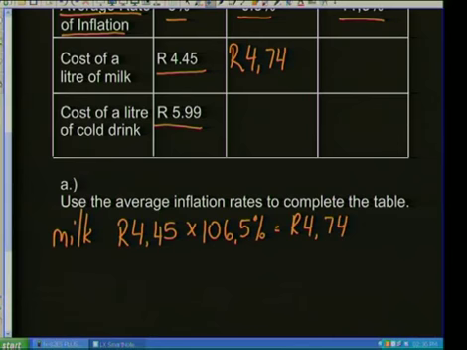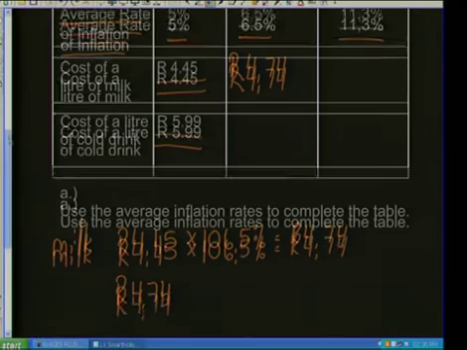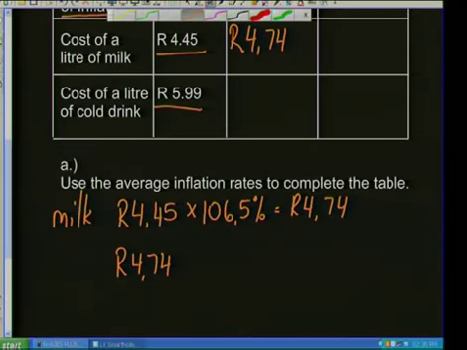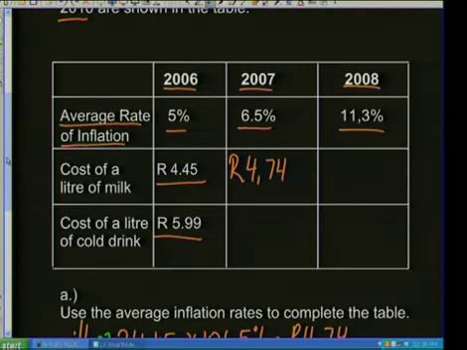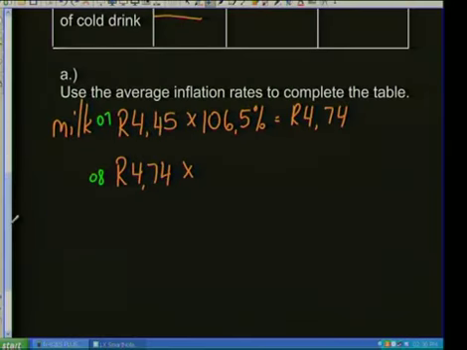Now I'm dealing with my R4.74. I actually should have added my years, so that was 07. And let's change the color here to just add, that was 07, and now we're dealing with 08. So R4.74, and what was our interest rate there? It was 11.3%, so we're timesing by 111.3%.